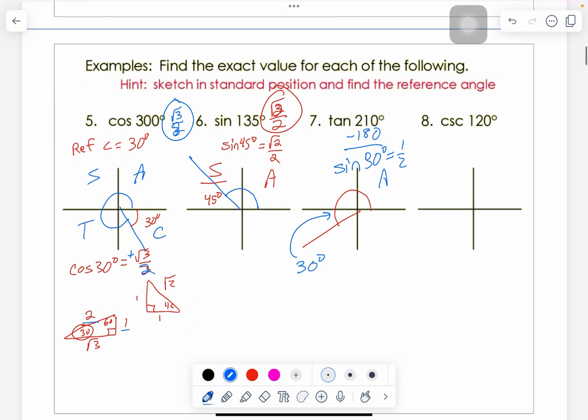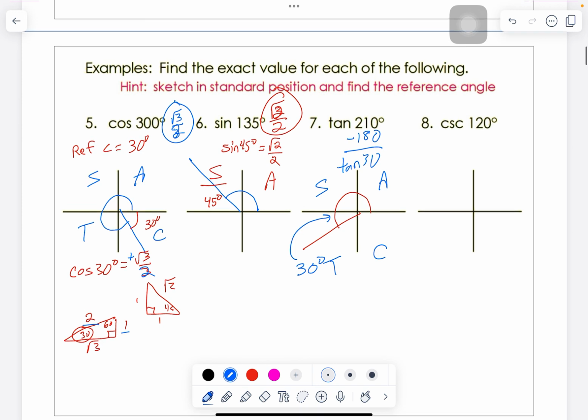But because 210 lies in the quadrant where only tangent's positive, I guess I took the wrong one. I took sine. That's my bad. I got all focused on sine. I should be taking the tangent of 30. Sorry. So tangent, the square root of 3 over 1. And it stays positive because tangent's positive in that quadrant.